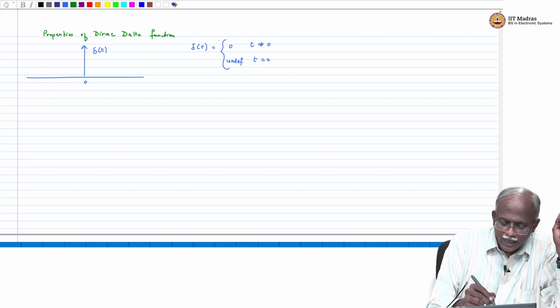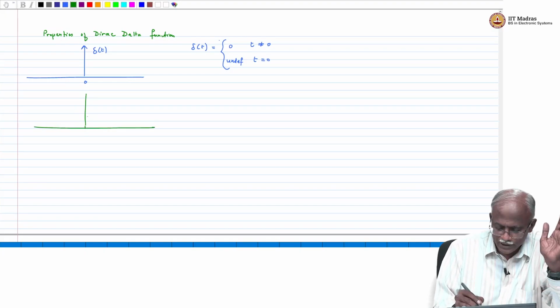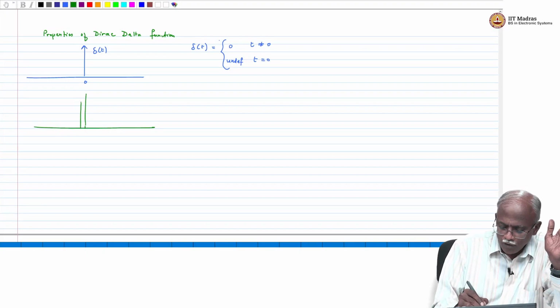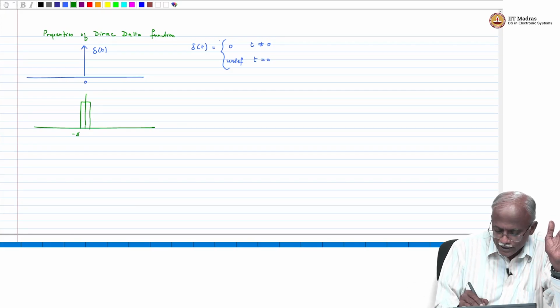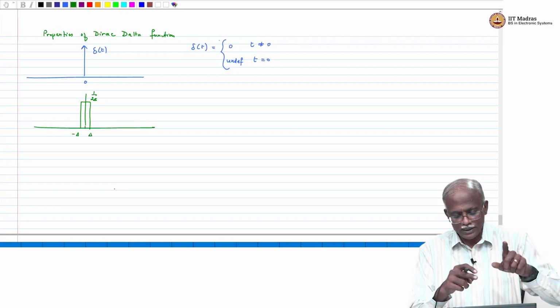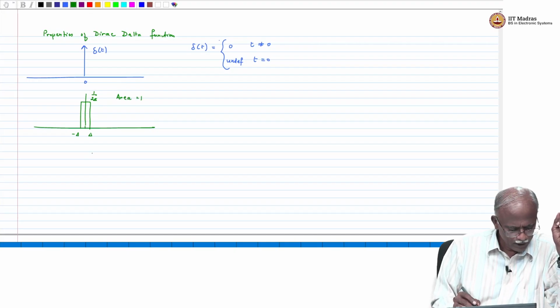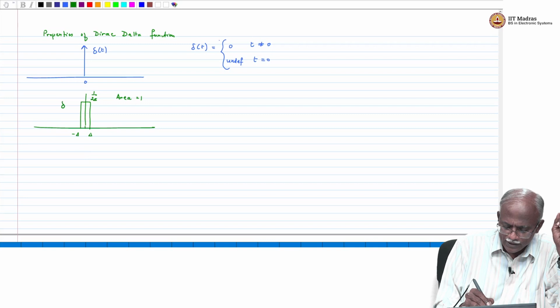Now, how do we understand the behavior of a Dirac delta function? Typically it is done as a limiting process in calculus. So you think of a rectangular function which goes from minus delta to delta with a height of 1 over 2 delta. Basically the area of this rectangle is equal to 1, and we call this delta delta of t.